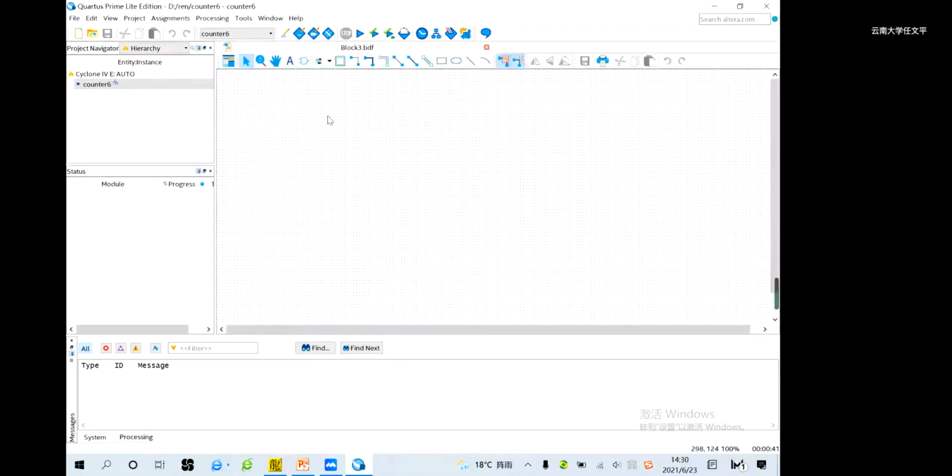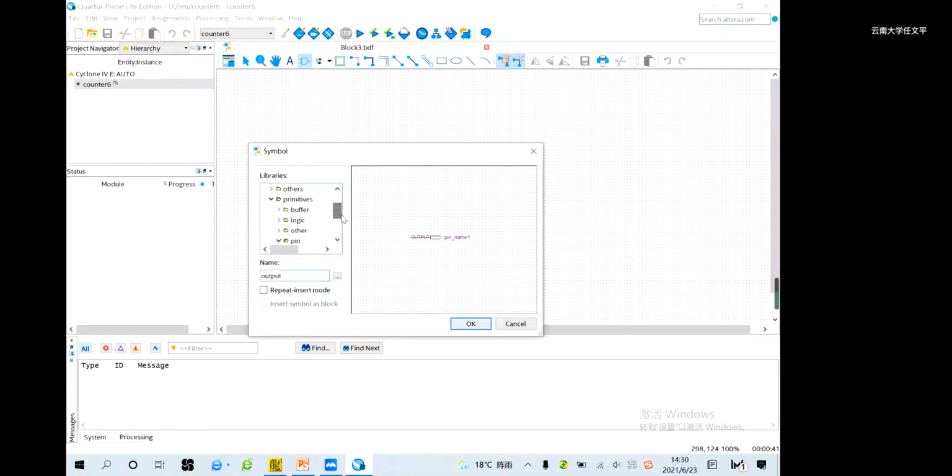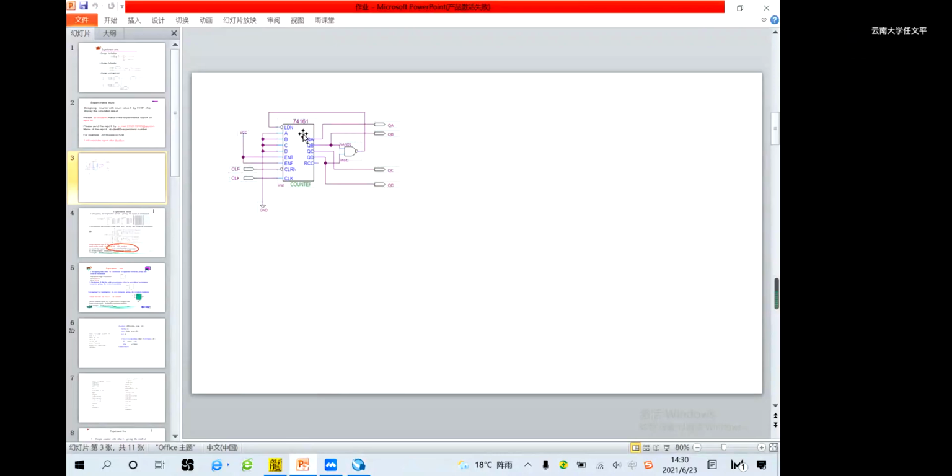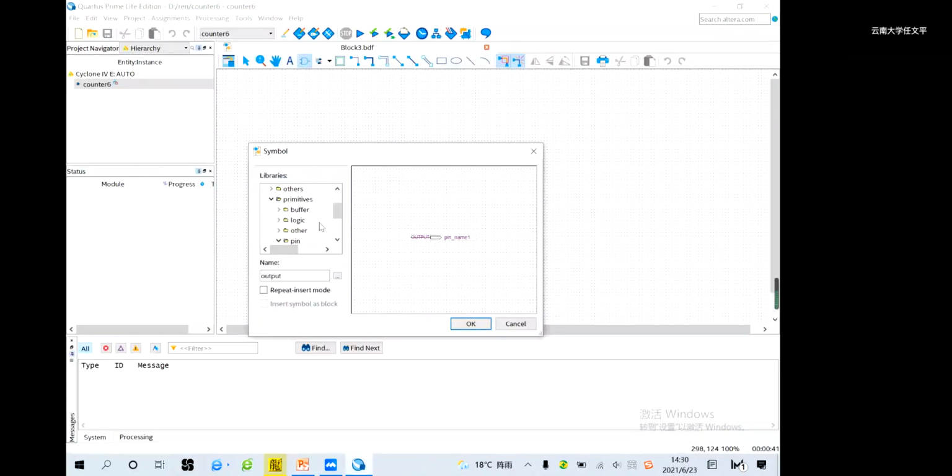OK. Double click, and this chip is put in this library. You can find it from here.